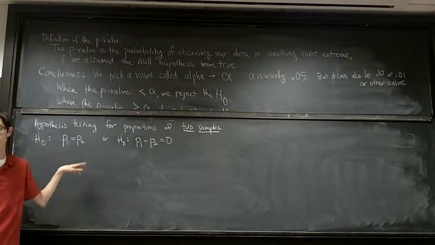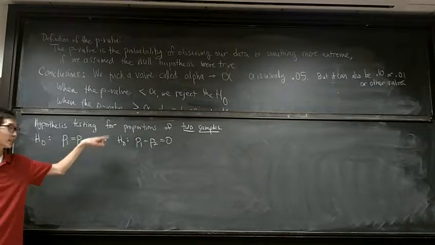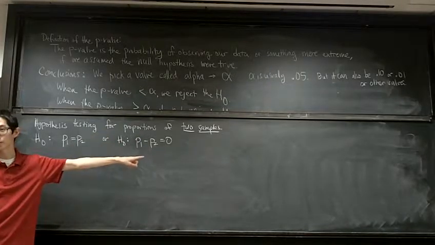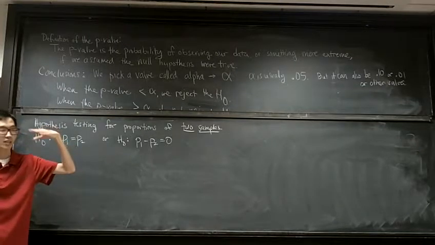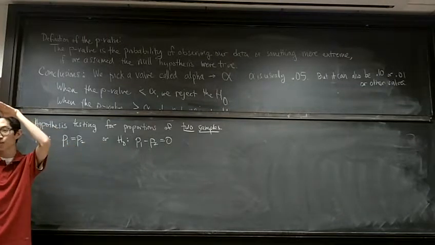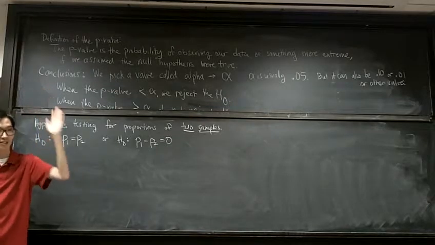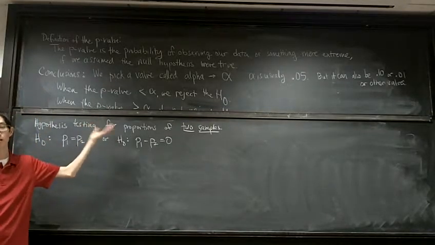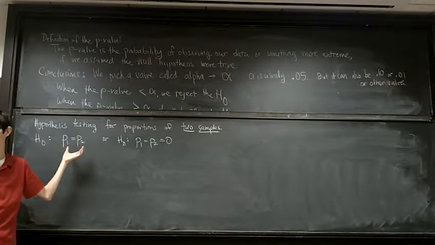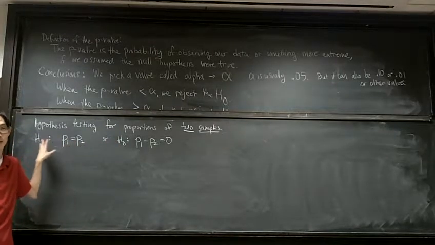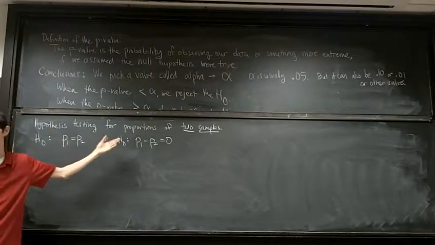And over here, we just subtracted P2 from both sides, and I have P1 minus P2 equals 0. One says these two numbers have the same value; the other says the difference between the two values is 0. They're saying the same thing. So get comfortable seeing things written this way or this way.